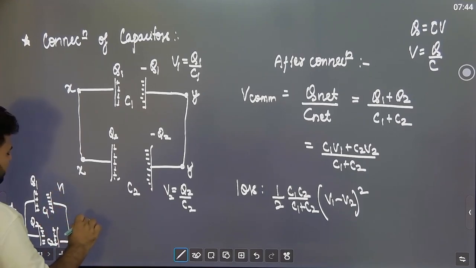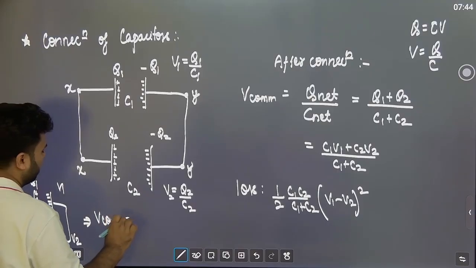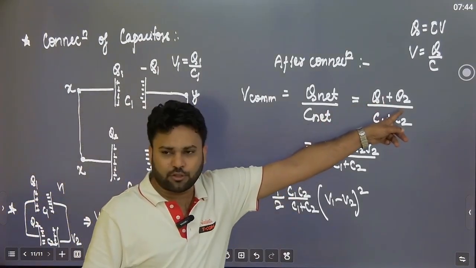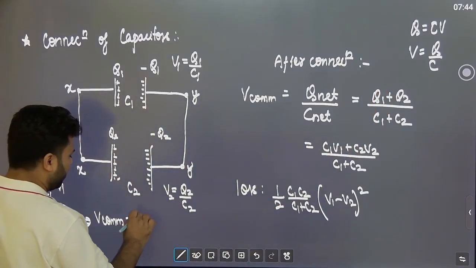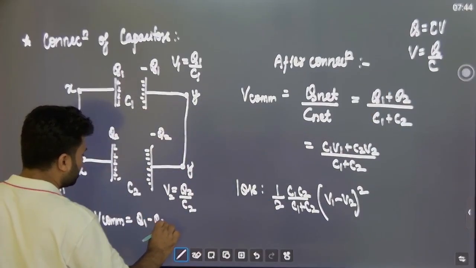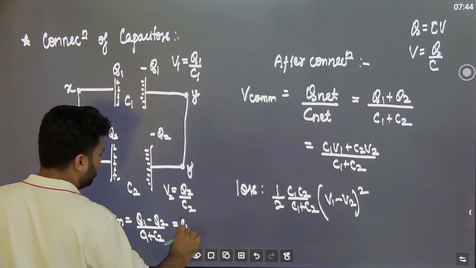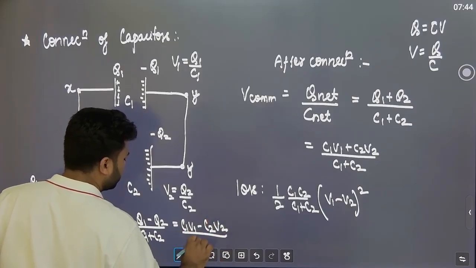So they will ask what is V common, the common voltage after connection. Here Q1 plus Q2 you had done. There you do Q1 minus Q2. So this will be (Q1 minus Q2) by (C1 plus C2), or (C1 V1 minus C2 V2) divided by (C1 plus C2).